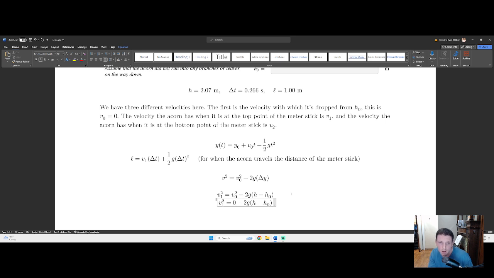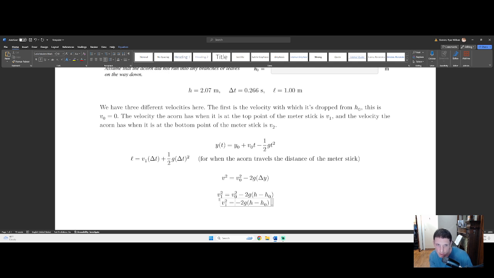So what we have then is this. All right, now on the left hand side I'm squaring something, so that has to be positive, right? And on the right hand side I have negative 2g, obviously negative because I'm saying that g is positive 9.81 meters per second squared. And then we have h minus h naught, right?